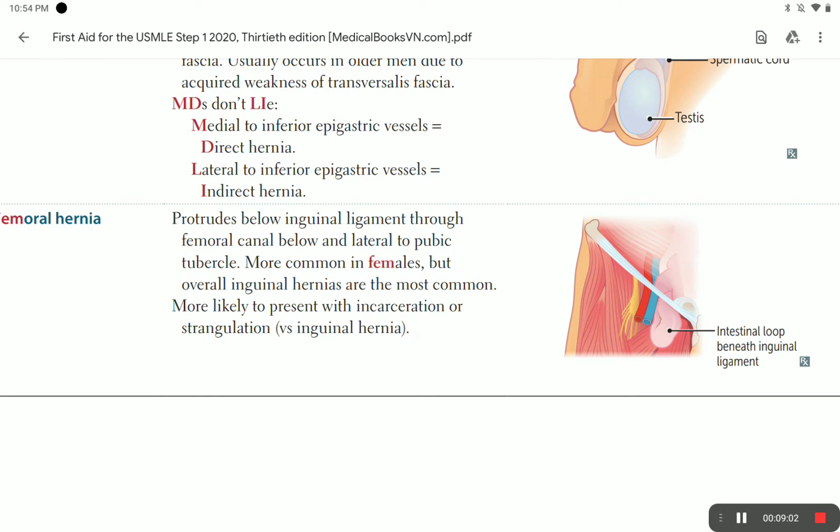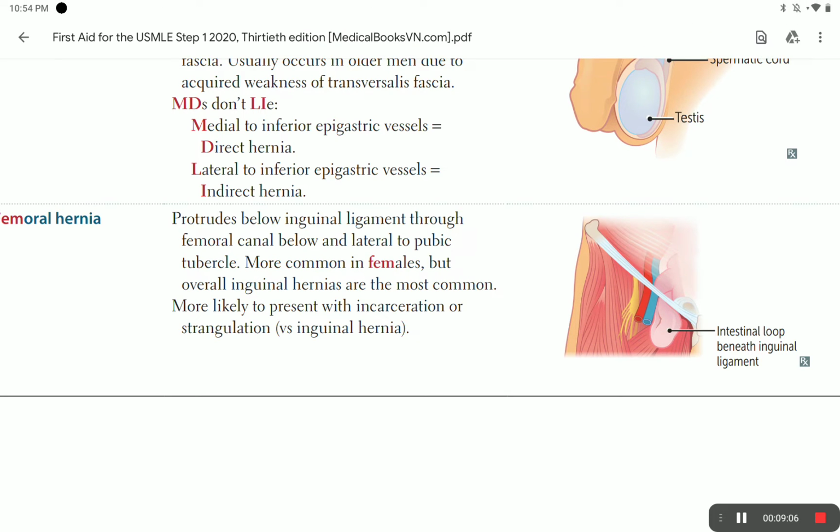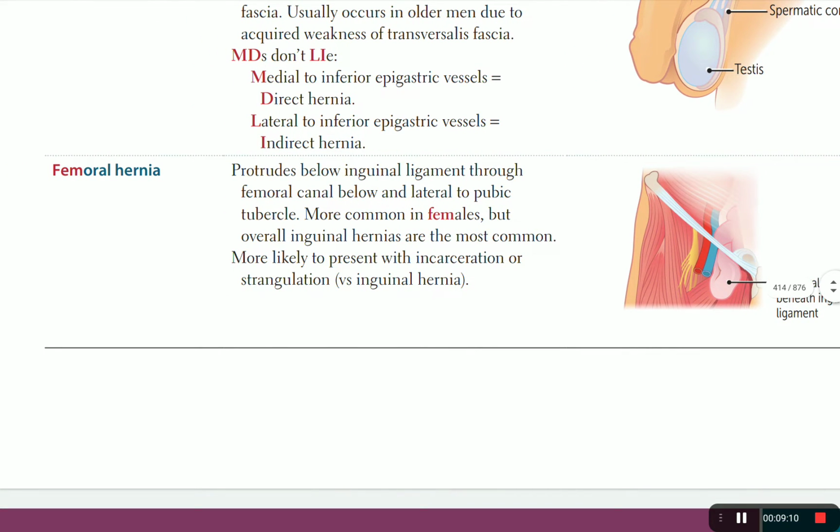The femoral nerve is just outside the femoral sheath. Also, we have the femoral ring. So the hernia goes through the femoral ring, protrudes below the inguinal ligament through the femoral canal, below and lateral to pubic tubercle. More common in female, but overall inguinal hernias are the most common.